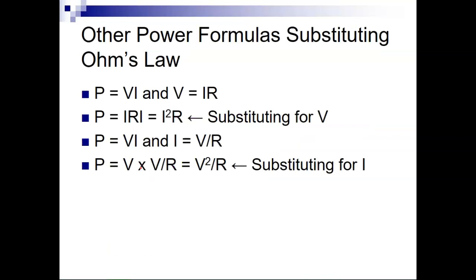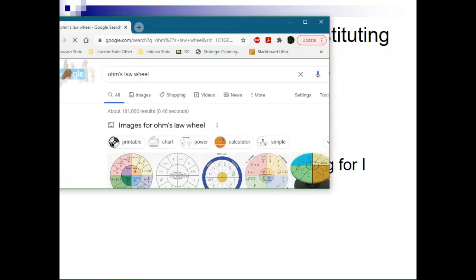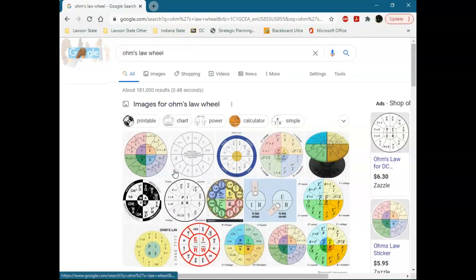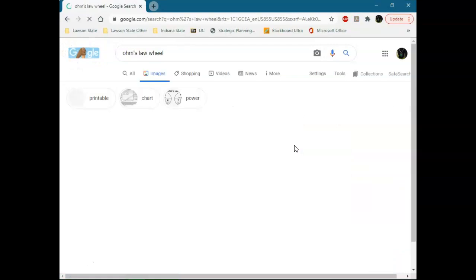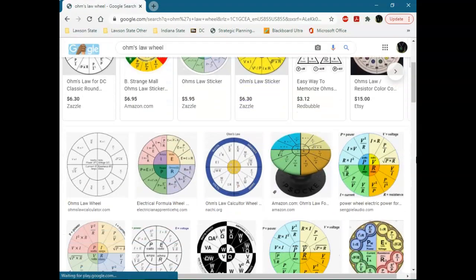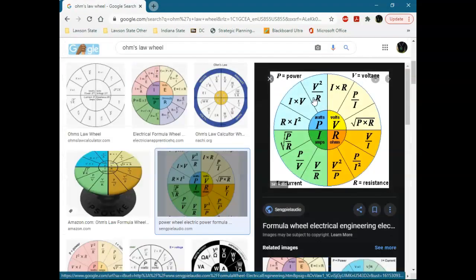Now, there are a lot of formulas for Ohm's law, and there's a reason I didn't teach it to y'all to begin with. It gets a little overwhelming when you first start glancing at it. But here's what you have. You have your voltage, which is I times R, P divided by I, or the square root of P times R. Resistance is fairly easy.